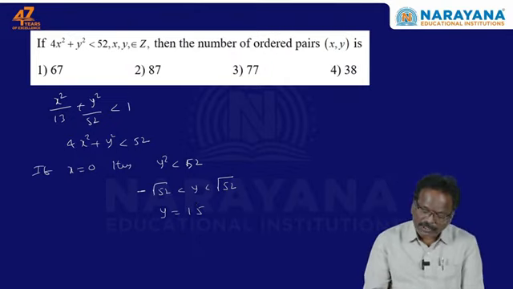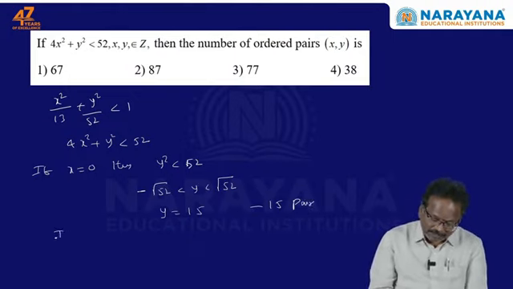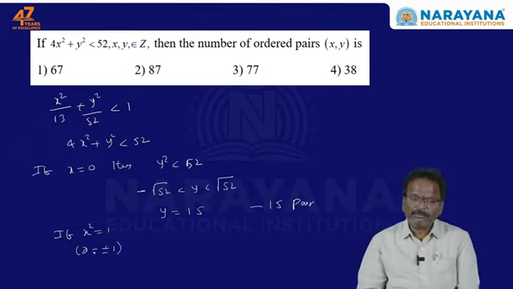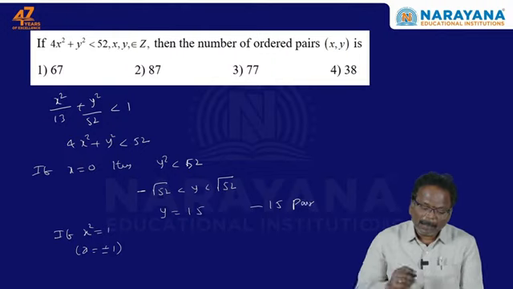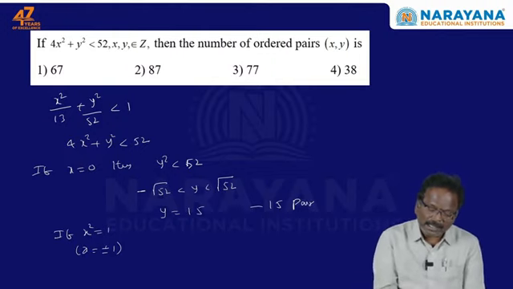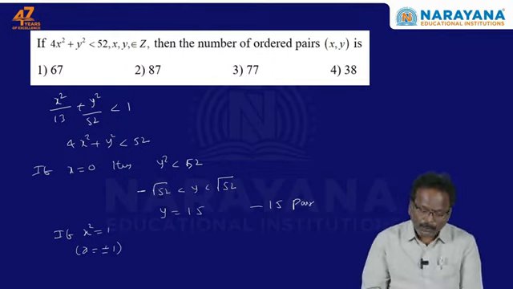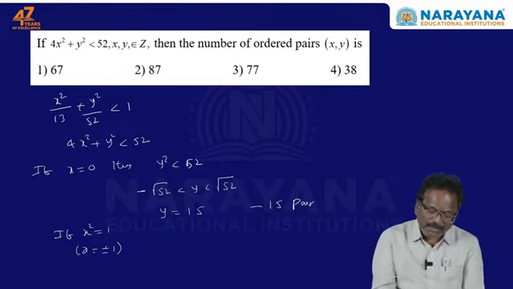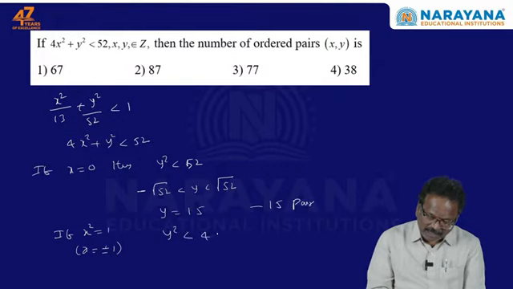So, if x is 0, you will get 15 pairs. Suppose x square is 1, which means x equals plus or minus 1. If x is plus 1 or minus 1, how many integral coordinates are inside the ellipse? Substitute x square 1 in the given ellipse: y square less than 48.